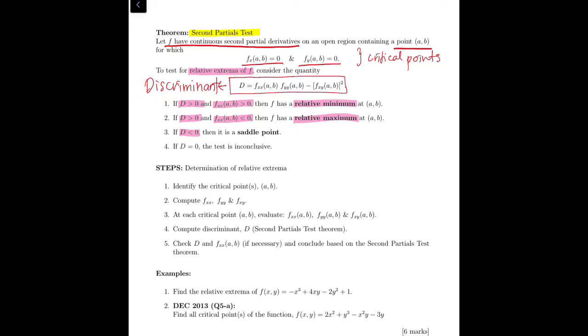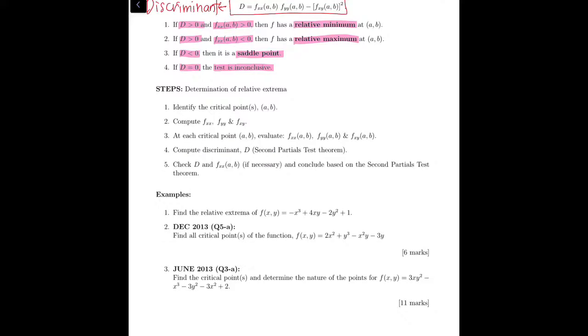Number 3, if D less than 0, it is a saddle point. And lastly, if D equal to 0, the test is inconclusive. The meaning of saddle point is all other points in f which are not relative minimum or relative maximum.